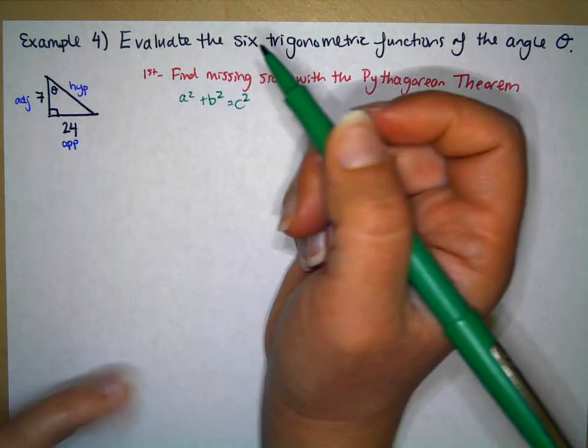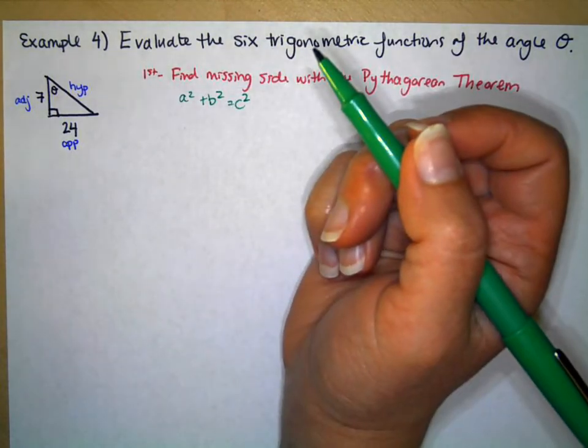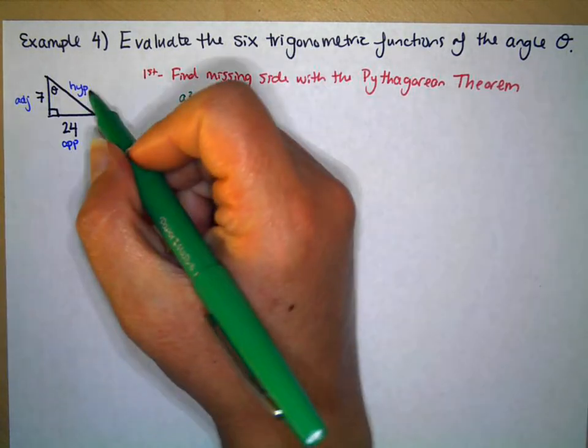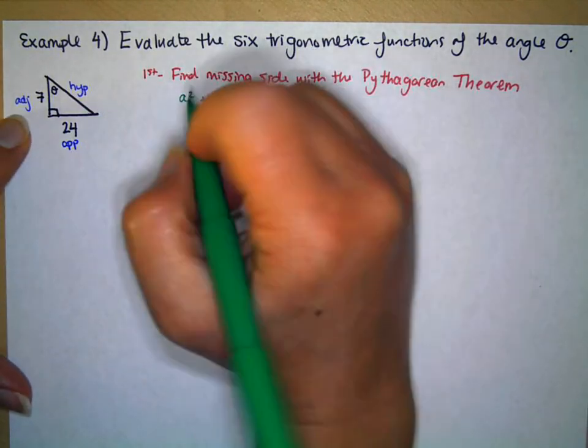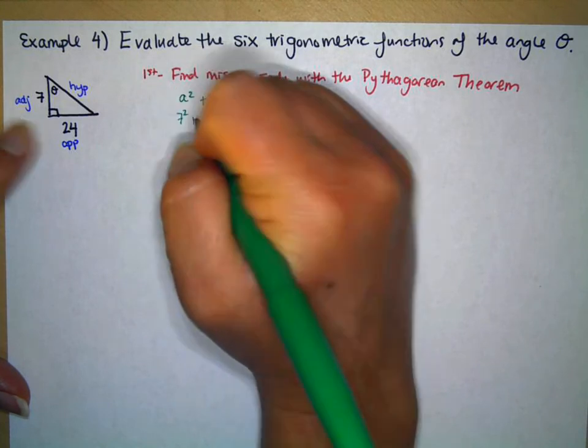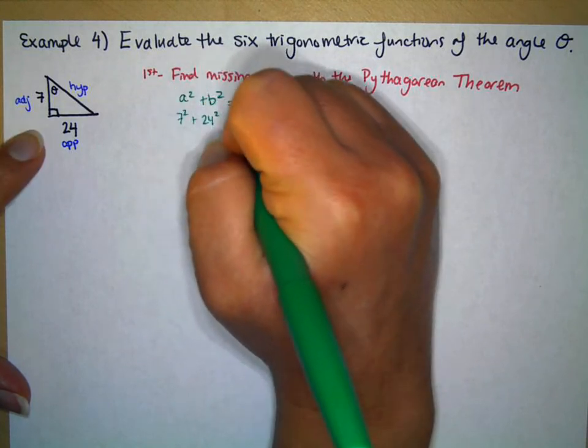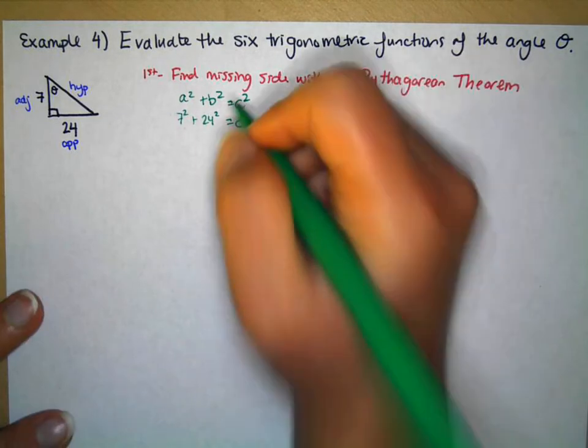It doesn't really matter which one we call a and b in this case, but it's important that c is the hypotenuse. So I'll say a is 7 squared plus b is 24 squared equals c squared.